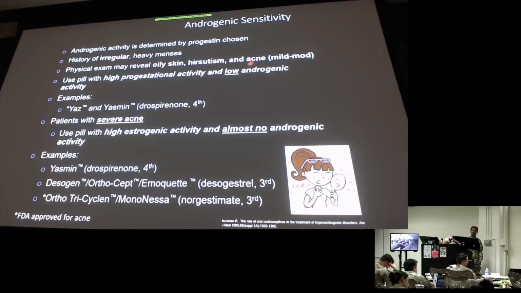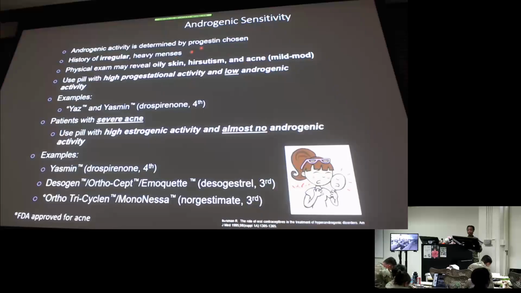What I would want to do here is choose something that has high progestational activity, which is your second column, and then something that has low androgenic activity. So now I'm looking at two columns to pick something that has a high level of progestin and low level of androgen. High progestational, low androgenic.